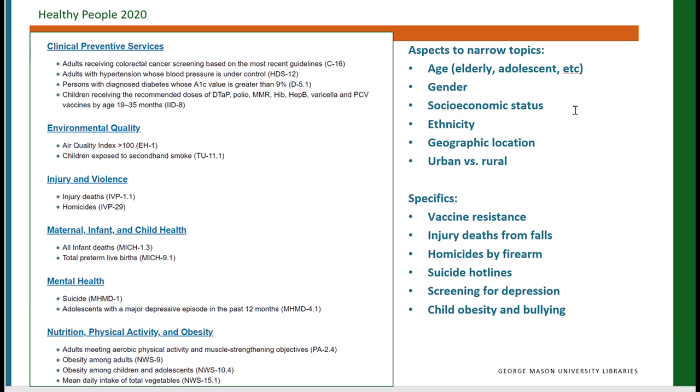Socioeconomic status is often used to limit the search range because you can look at people in poverty, you can look at underserved populations, ethnicity is used, geographic location can be a region or local information. And in public health research, there's always a lot of urban versus rural comparison because the health status of people in urban settings and rural settings are very different.